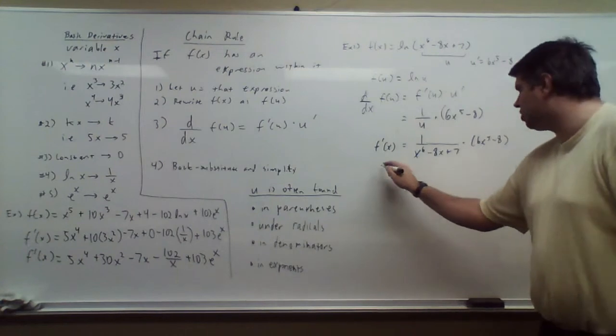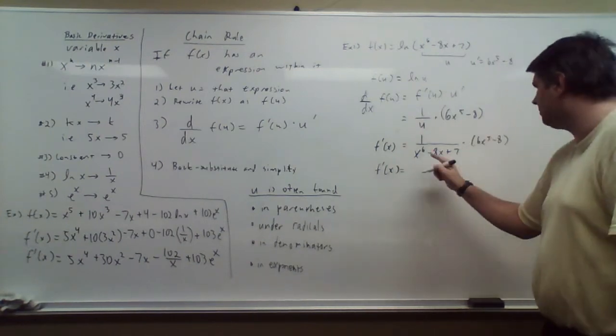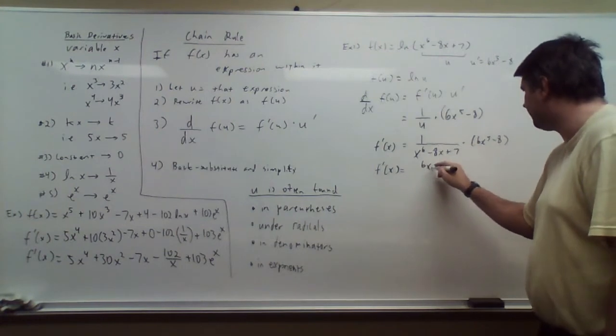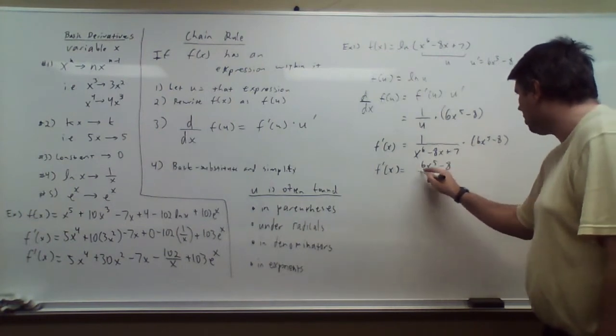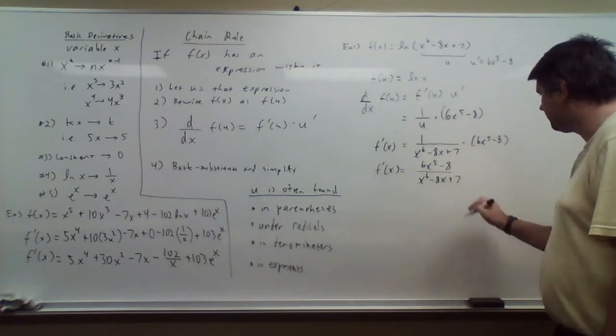So f prime of x is therefore 6x to the 5th minus 8 over x to the 6th minus 8x plus 7.